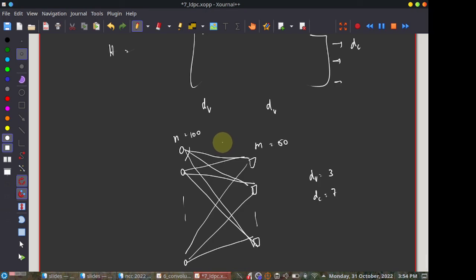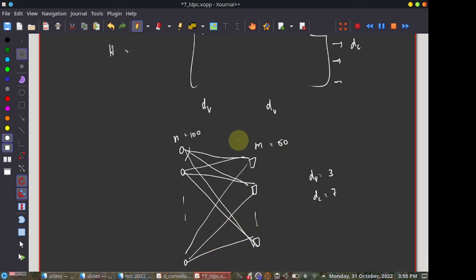What is the number of edges in this particular graph? Correct, so there should be 300 edges.